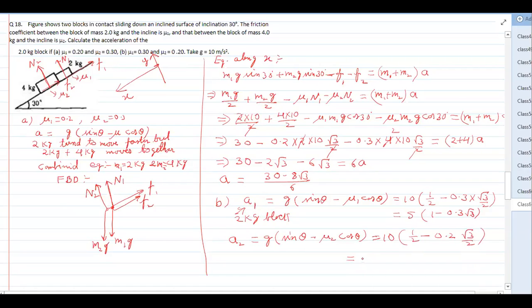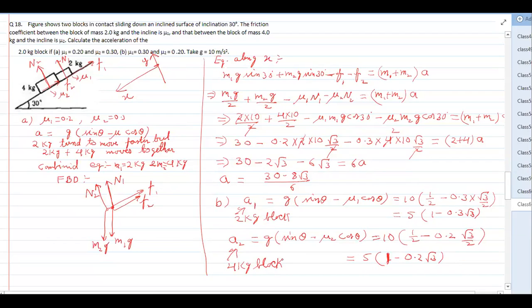So we will have 5, 1 minus 0.2 root 3. So this is the acceleration for the second part for the 4 kg block. Okay. So in this way, in the first part they have to be considered together, and in the second part they can be considered separately because they are sliding away.